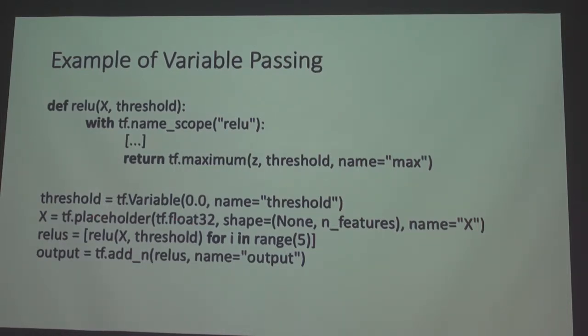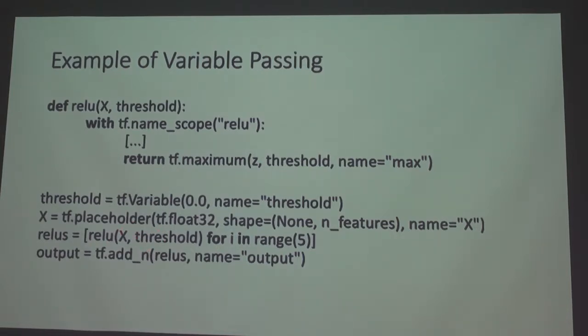Of course, before you call this function, you need to create this threshold variable first, so that you can pass that value to the function. You pass it to the relu function here. In this example, you still set it to be 0, so you actually pass x and 0.